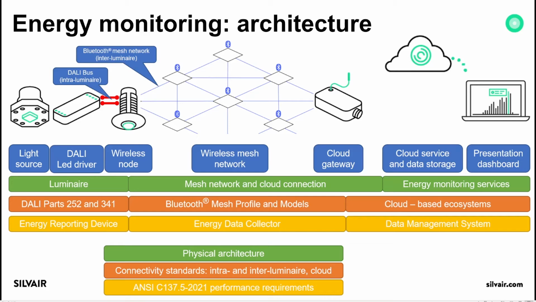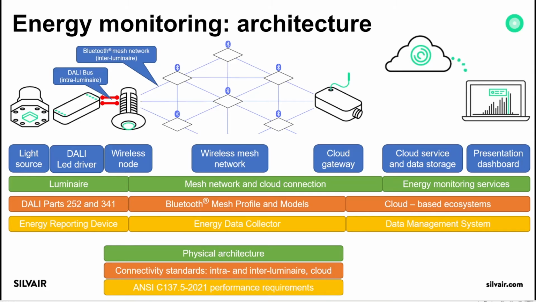Now, this is what I would say is the default architecture, because for each of these elements here, you can use off-the-shelf components. You can use an off-the-shelf light source and then an off-the-shelf DALI driver with energy metering part 252 support.